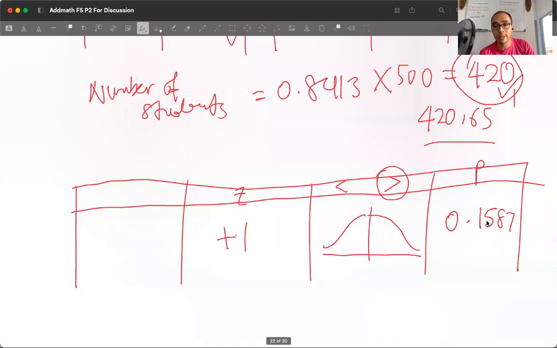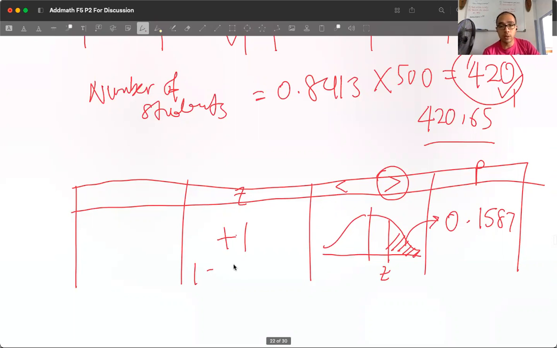If you read 0.1587 from the table, the Z score is positive 1. It cannot be negative 1 lah, because negative 1 doesn't make sense. We want it to be here, on the more side. This represents 0.1587.